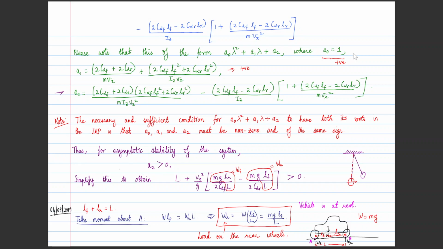Since a1 is positive, we are only concerned about a2 as there is a minus sign. So if you simplify this, we obtain an equation something like this, where this is weight in the front, this is weight in the rear, this has to be positive.